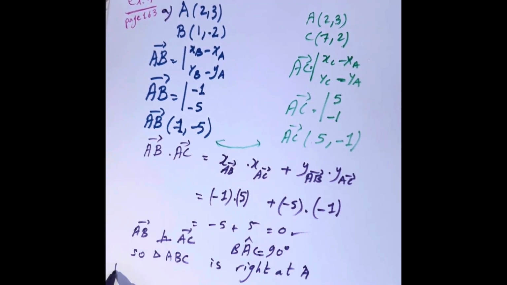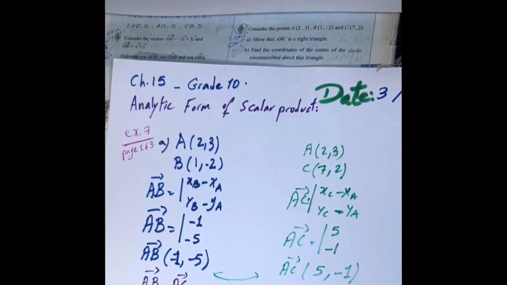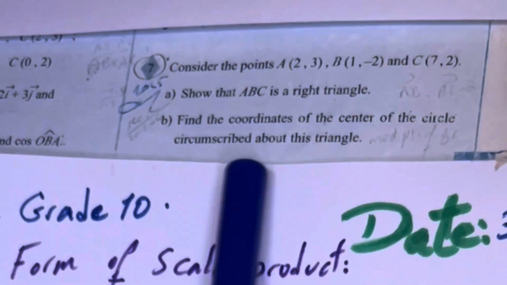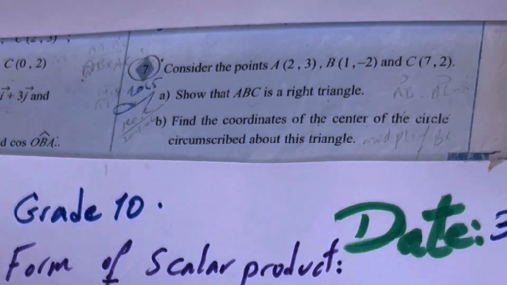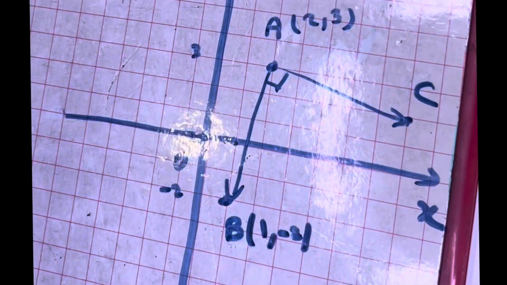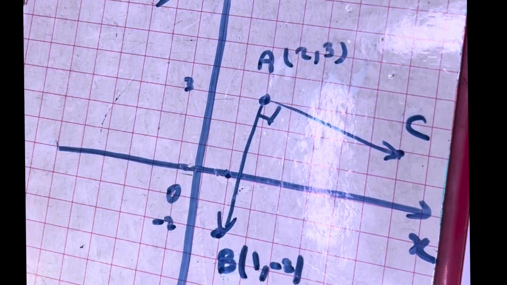What about part B? It asks us to find the coordinates of the center of the circle circumscribed about triangle ABC. I will return to this figure, as you can see in front of you on the screen.